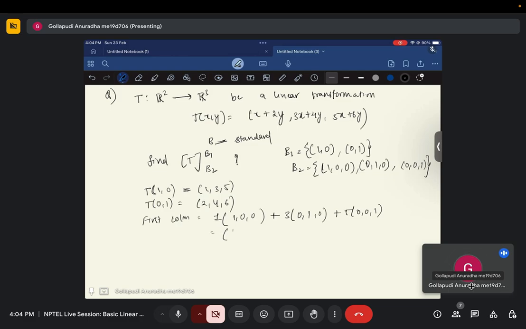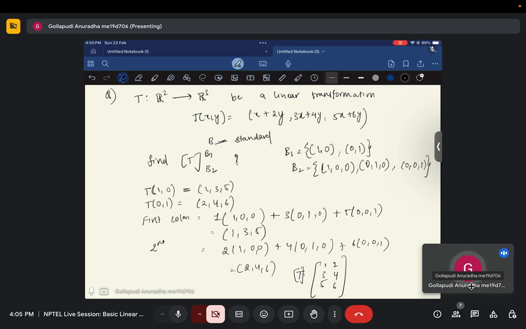So this is your first column, and the second column you can get similarly. If you see the size, it will be 3 by 2.